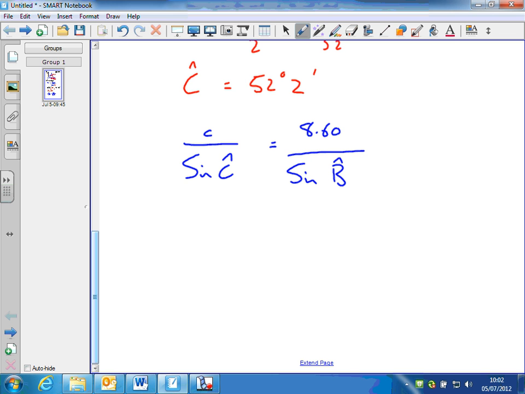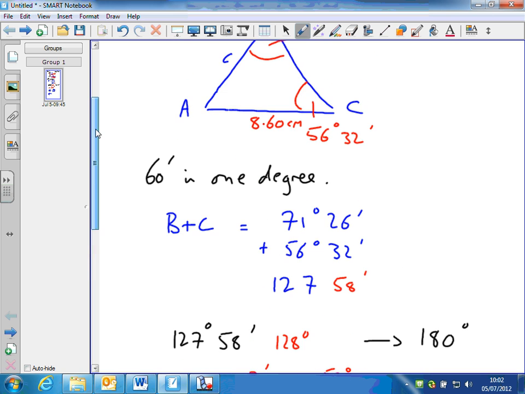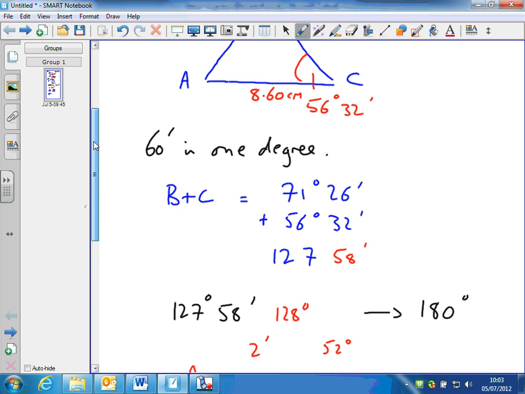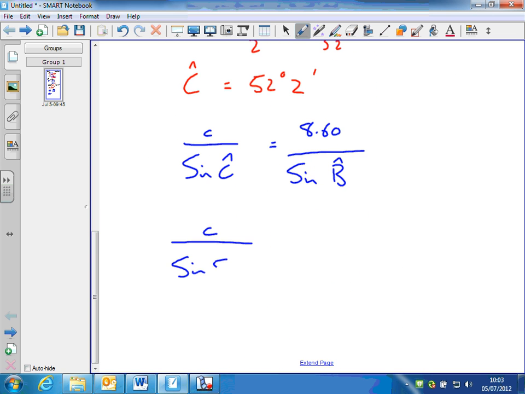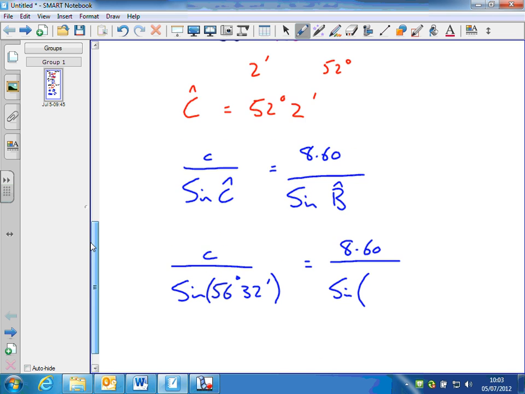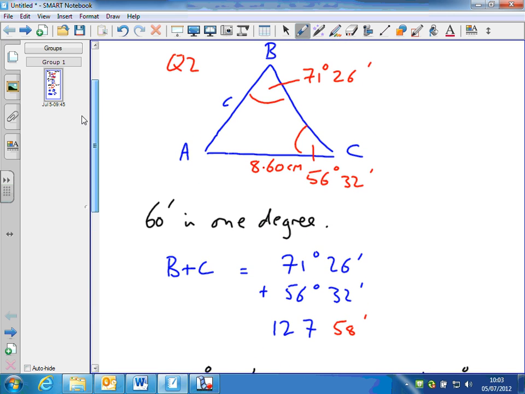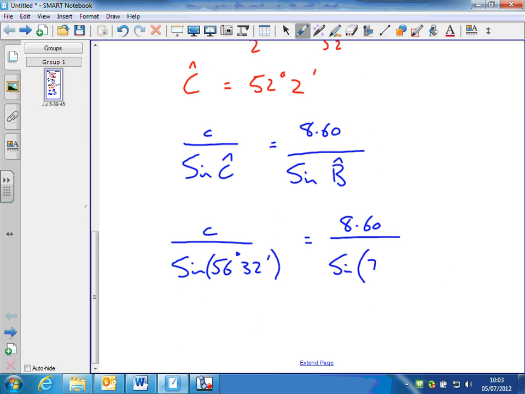So putting in the information, we get c over the sine of C, which is 56 degrees 32 minutes, equals 8.60 over the sine of angle B, which is 71 degrees 26 minutes.